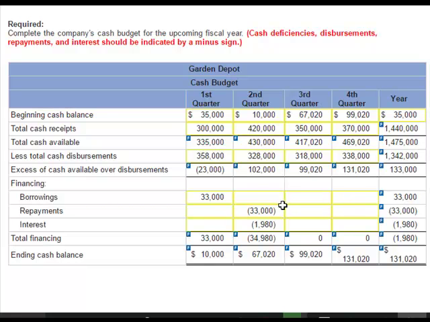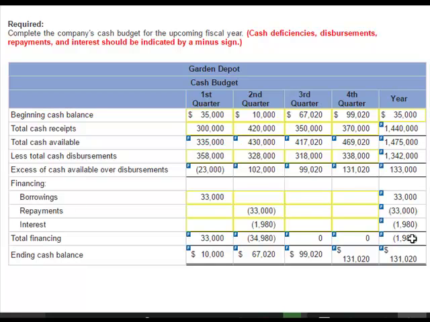Then we're going to transfer our borrowings, repayments, and interest amounts into the year column. Then finally take the $133,000, add this amount, subtract these amounts, and here at the very end, we're going to put our ending cash balance. In between, we'll put the subtotal for the financing section.